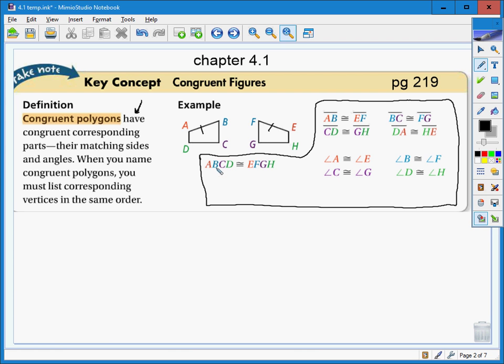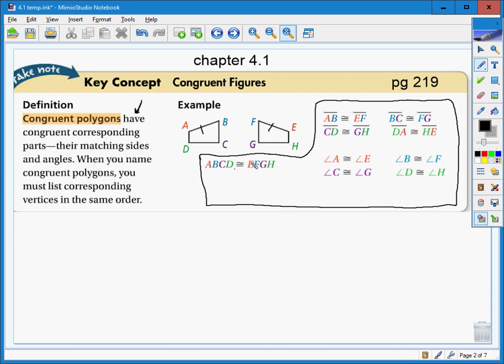BC, the second two, segment BC, is congruent to segment FG, the second two in the list. Likewise, CD, the last two in the list, is congruent to segment GH, the last two. And then they went on the outside. Segment DA is congruent to segment HE.